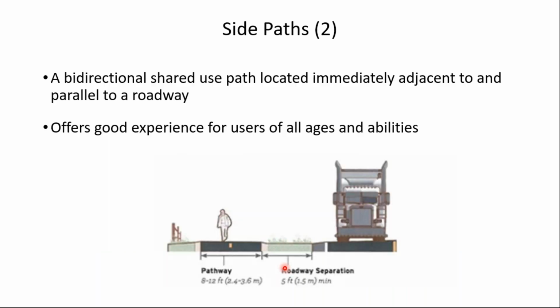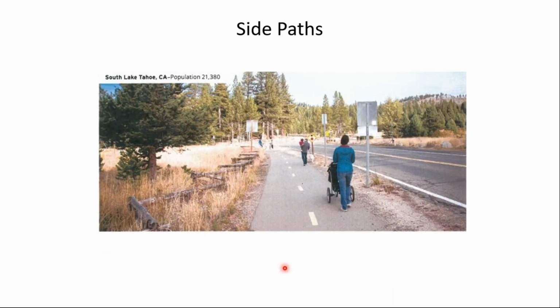Yes, it does, but probably the same as a shared use path would. They're sharing the same facility. So yes, there are those potential conflicts, and we'll talk a little bit about those conflicts within the next 40 minutes or so. But yes, there are potential conflicts between users.